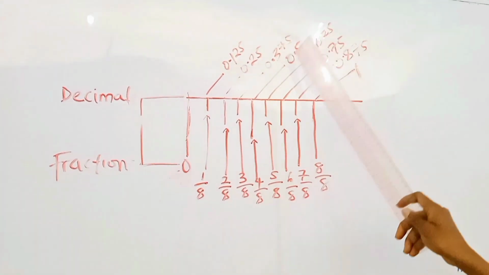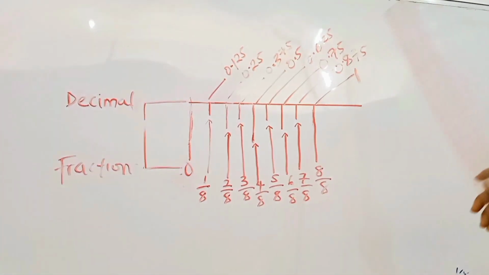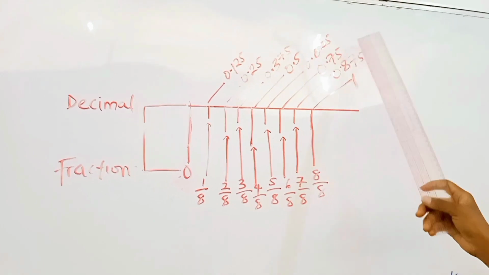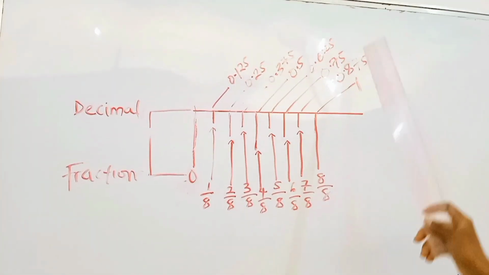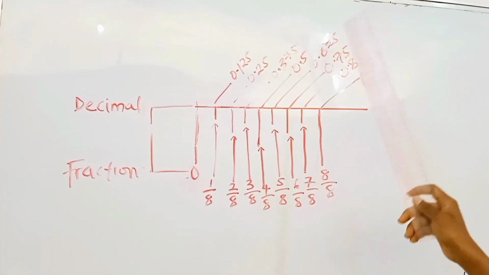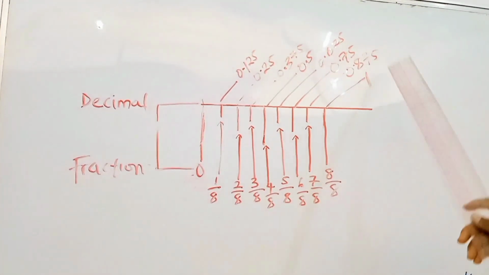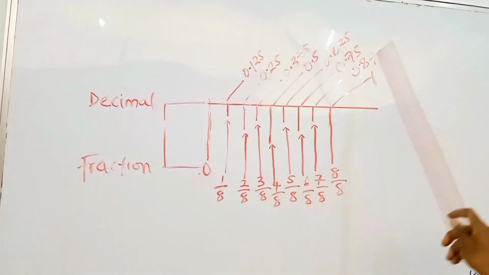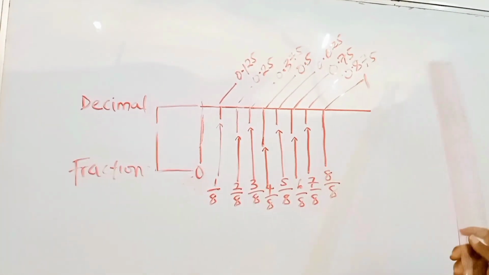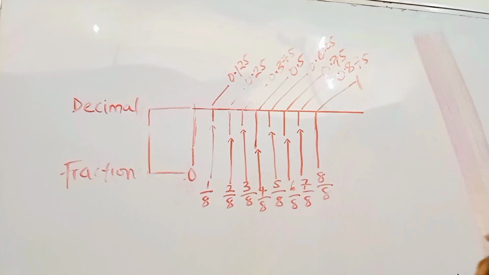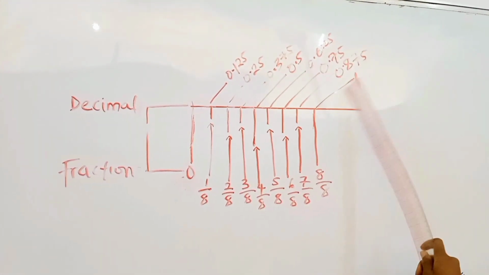And 0.5 plus 0.125 will give you 0.625. And 0.625 plus 0.125 will give you 0.75. 0.75 plus 0.125 will give you 0.875, and 0.875 plus 0.125 will give you 1.